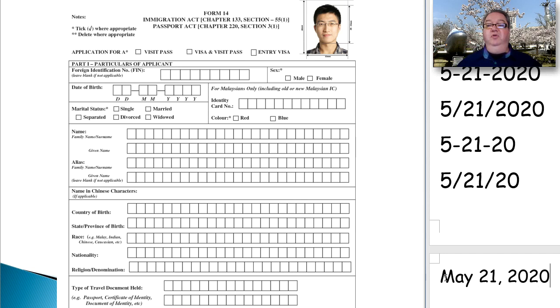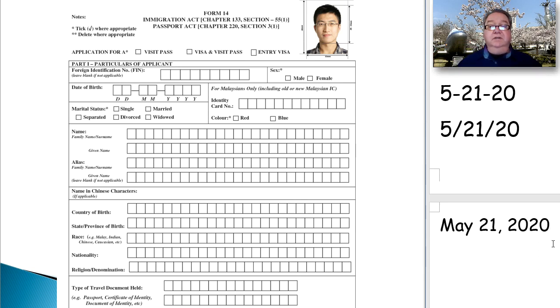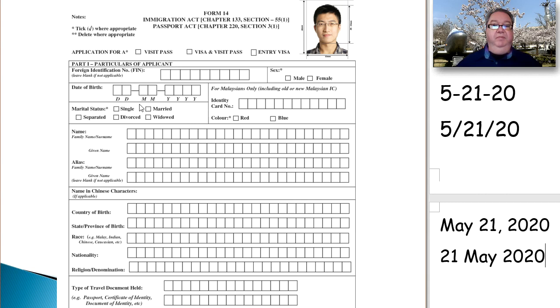So this is the most common way to do it in the US, month, day, year. On certain things where it's more formal, like maybe a contract or some sort of formal document, we might write 21 May 2020. Okay, so it just depends on the situation, but my point is always read and make sure that you're doing it the way that they want it.